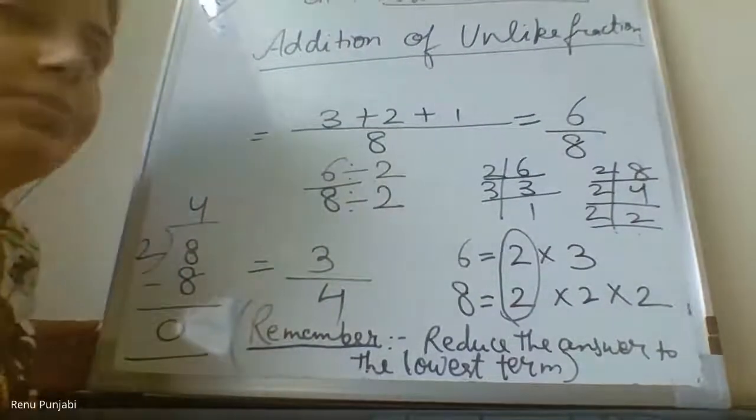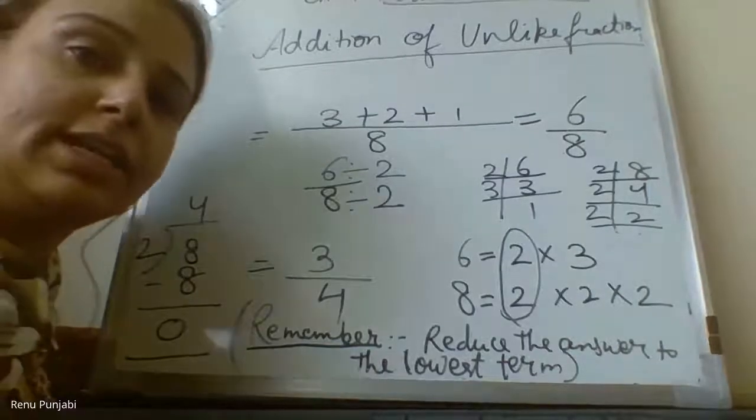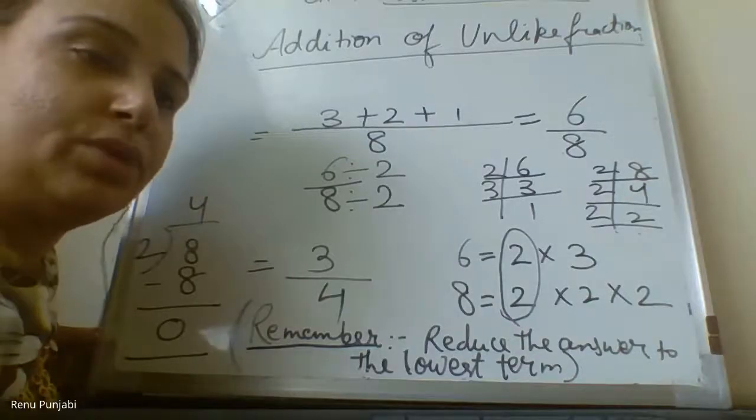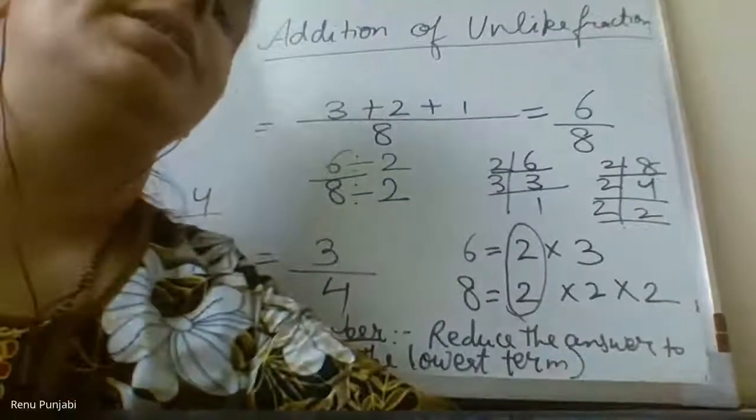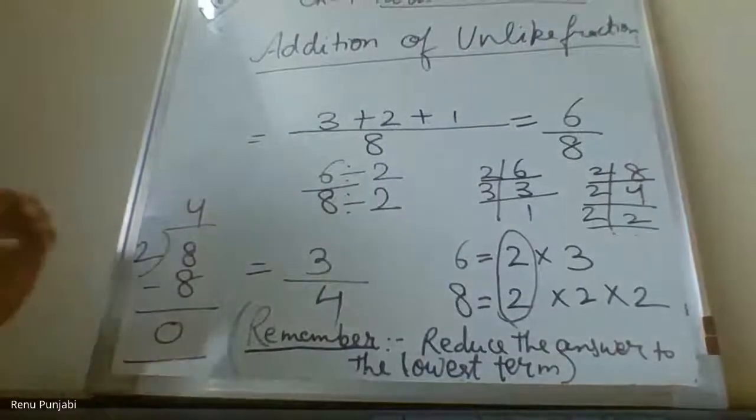Ma'am, can you wait a minute because I'm writing the last. Yes, right. Ma'am, we can't see the full board. Which child is this? Ma'am, it's Mayank. Mayank, you cannot see my board? Ma'am, I can see. Mayank, go to Renu Punjabi. It is visible, ma'am. I think he is having an issue somewhere. Mayank, just log out and log in again, my dear.